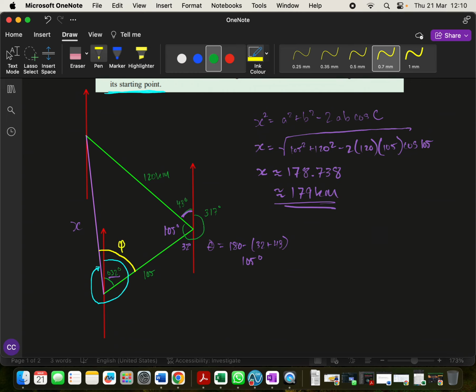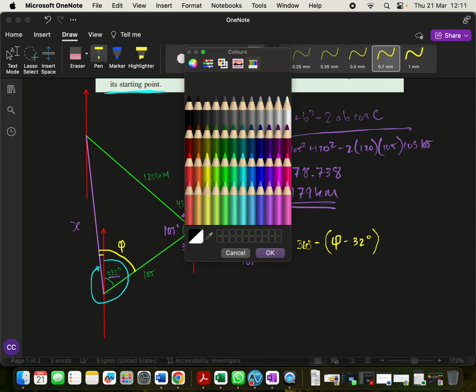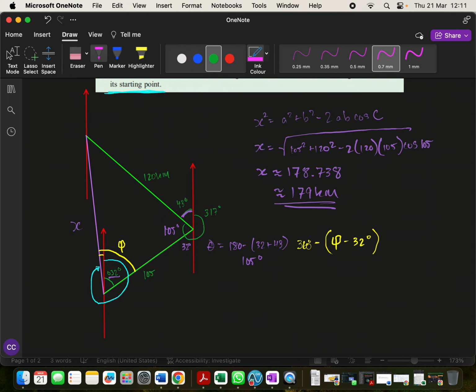What I need is phi minus the 32 degrees, because realistically we're looking for that little itty bitty angle. I'm going to take all of this and subtract it from 360, and that will give me that bearing going around here, this bearing that we've drawn in the blue.